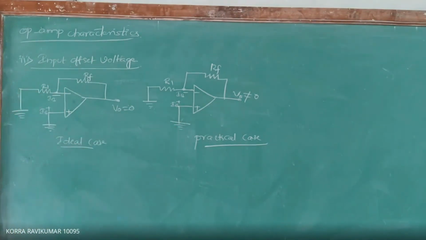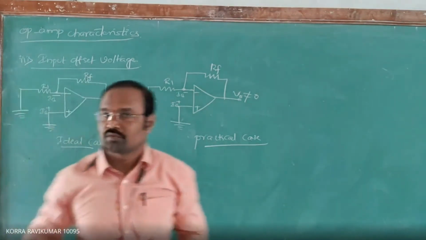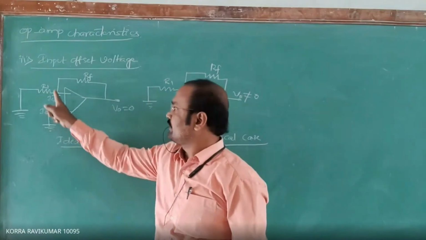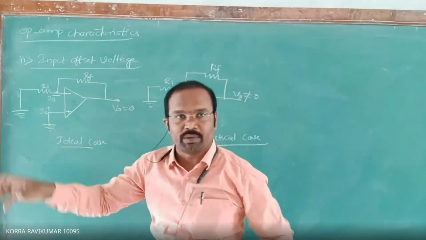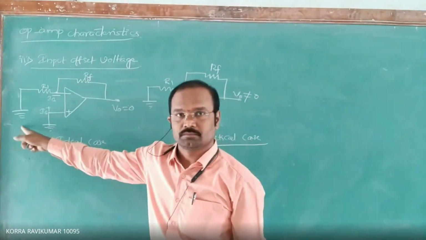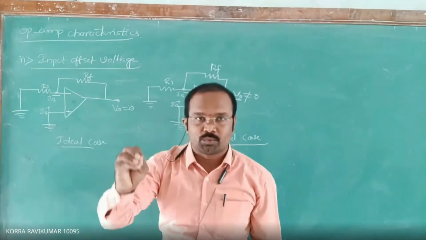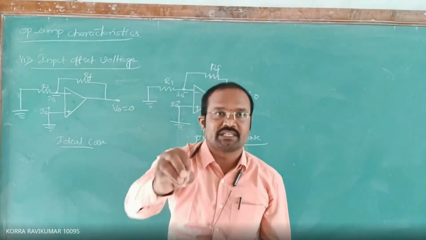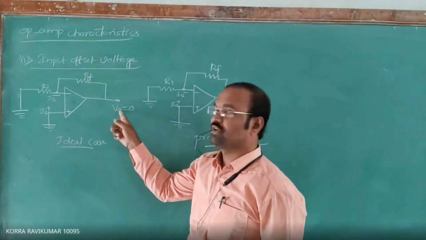Consider this. Whenever both inverting and non-inverting terminals of the op amp are connected to ground like this, then the output voltage of the op amp must be equal to 0. So V0 is equal to 0.